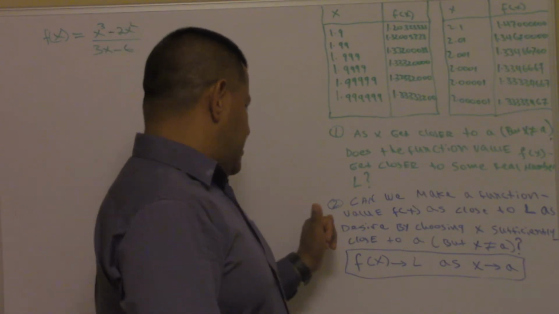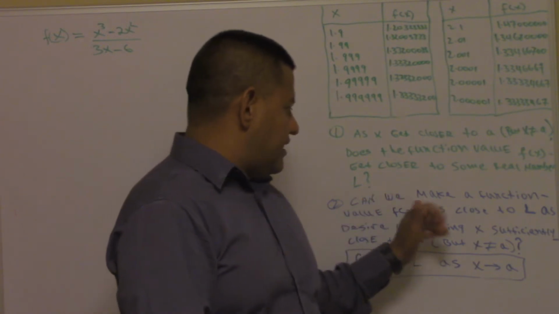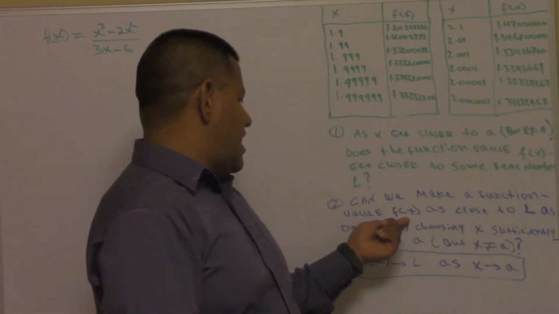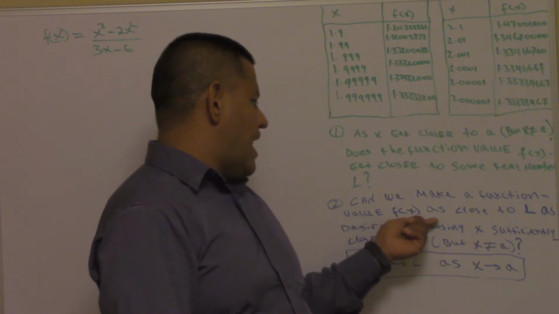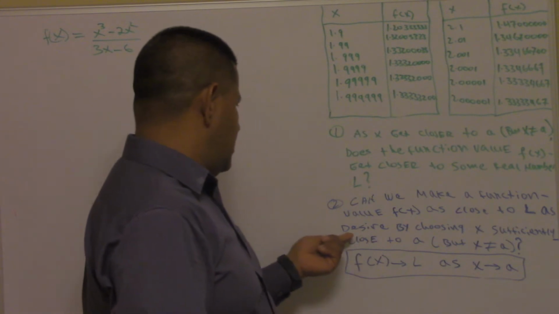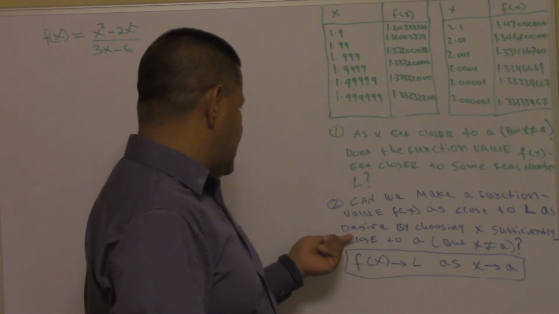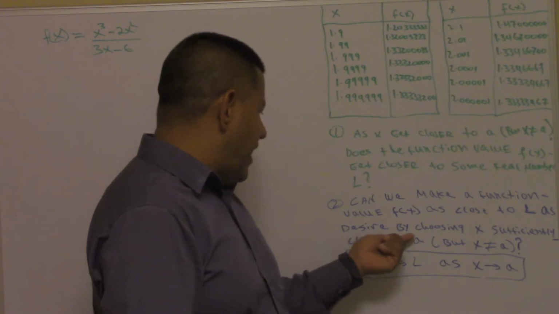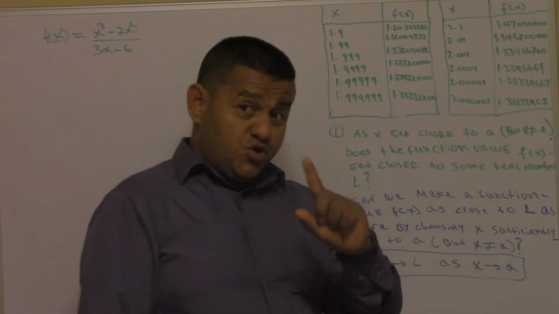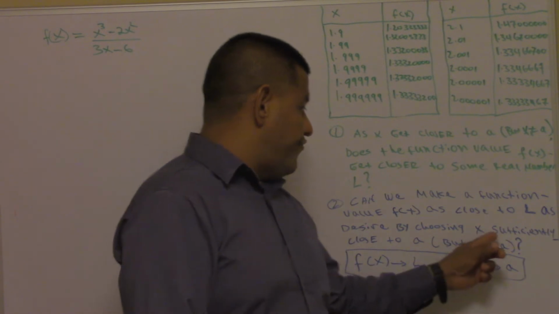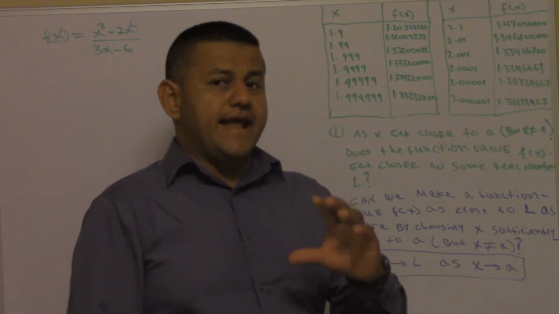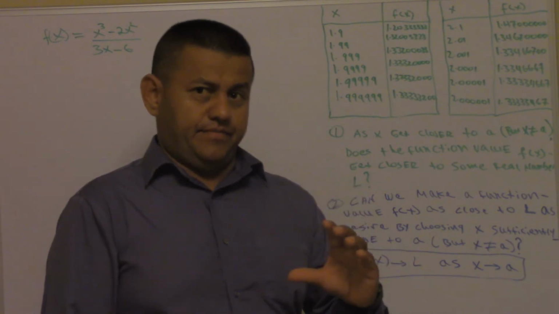Now the next question is, can we make the function value f of x as close to L as desired by choosing x sufficiently close to a but not equal a?